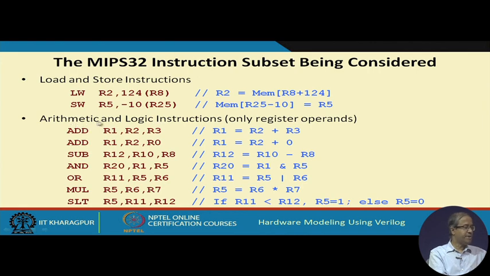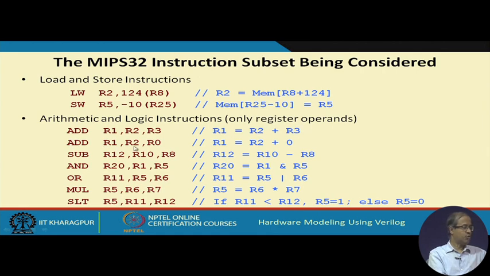Okay. There are some arithmetic and logic instructions which will be considered, where only register operands are used, like add R1, R2, R3. Here the convention is that the first register is our destination, the other two are the sources. So, add R1, R2, R3 means add R2 and R3, store the result in R1.